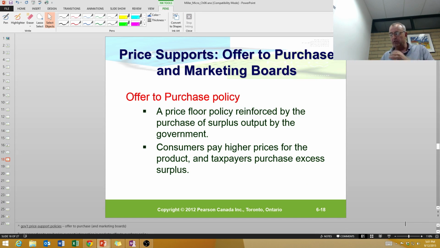Okay, so how does the offer to purchase policy work? Effectively it's a floor policy coupled with something more. We know that with a floor policy, here's our demand curve, here's our supply curve, here's our free market price, and here's our floor price.